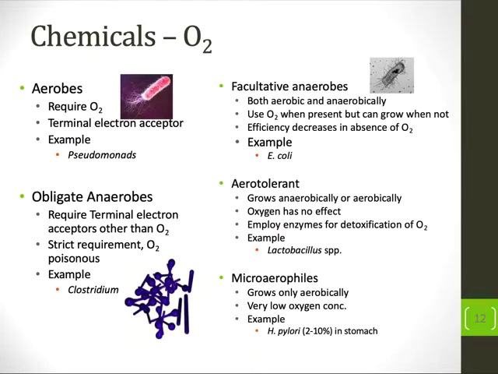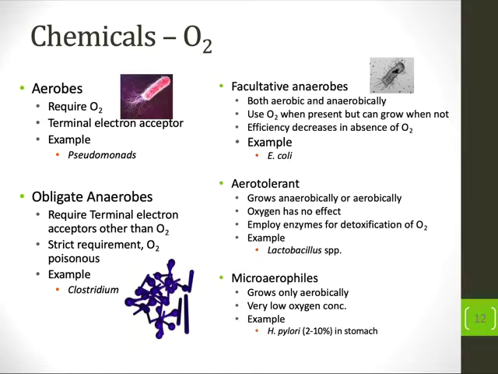So we group organisms based on how they react to oxygen, specifically reactive oxygen species. If the organism doesn't have certain chemicals in terms of enzymes, these reactive or energized oxygen species may destroy them.